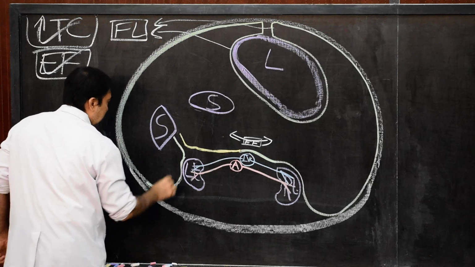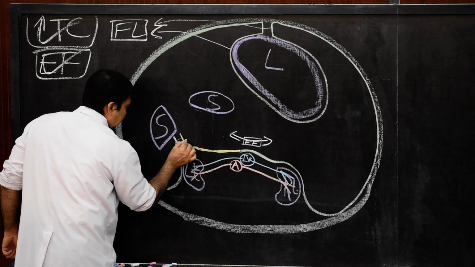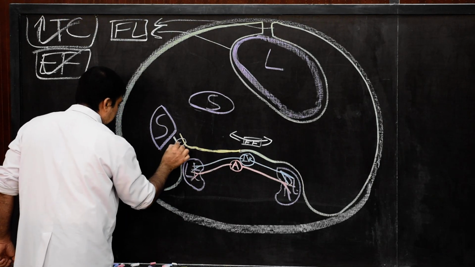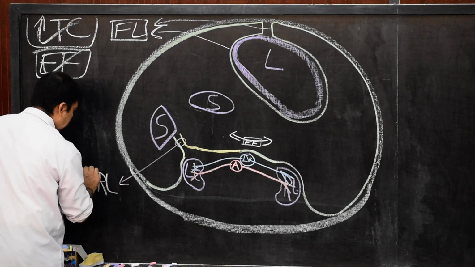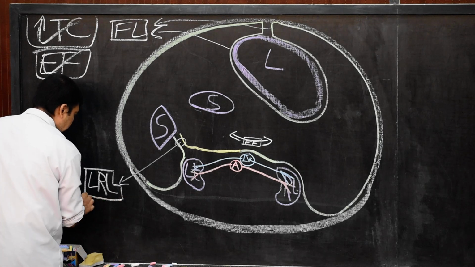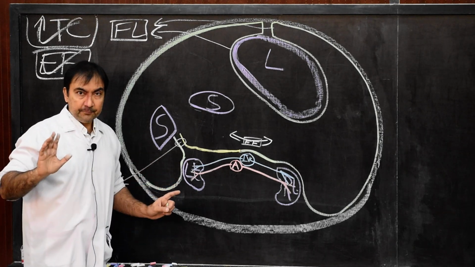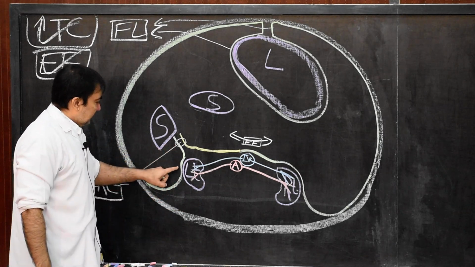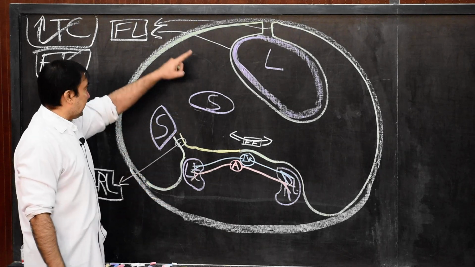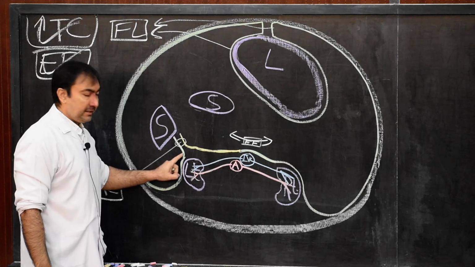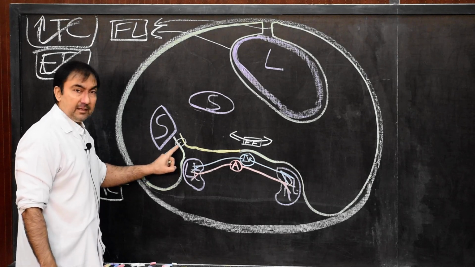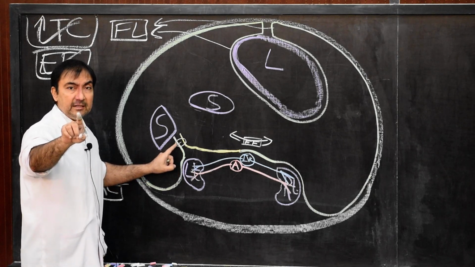Here, if I put this circle and name this the lienorenal ligament, I will explain what the lienorenal ligament is in the end. But this left layer of parietal peritoneum, as we are reflecting, covering the anterolateral surface of the left kidney, then becomes the posterior layer of the lienorenal ligament.